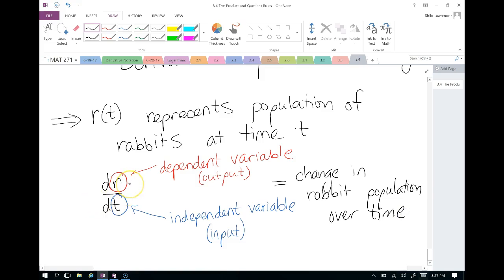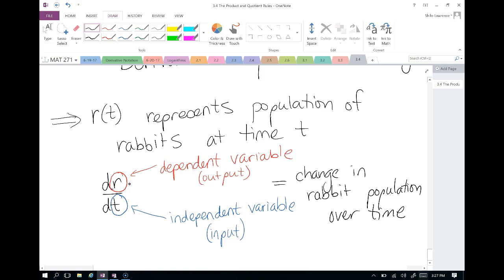So when you do these application problems, it's really important to understand what this derivative notation means, because the application problems are always going to be written out in words. They're not going to give you the math symbols, and you're not going to be able to recognize the math symbols and know what math operations you have to do.